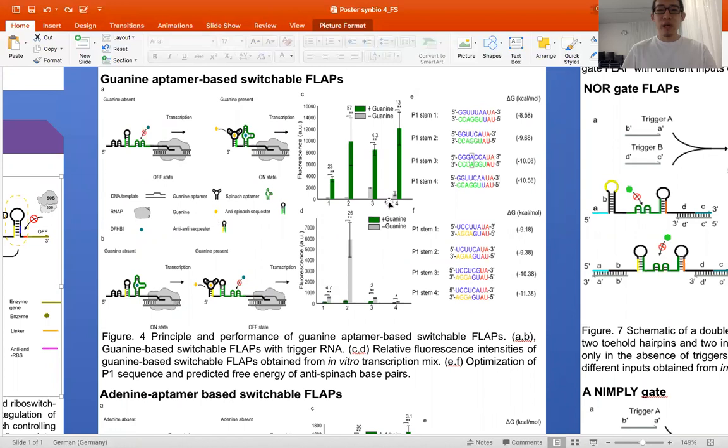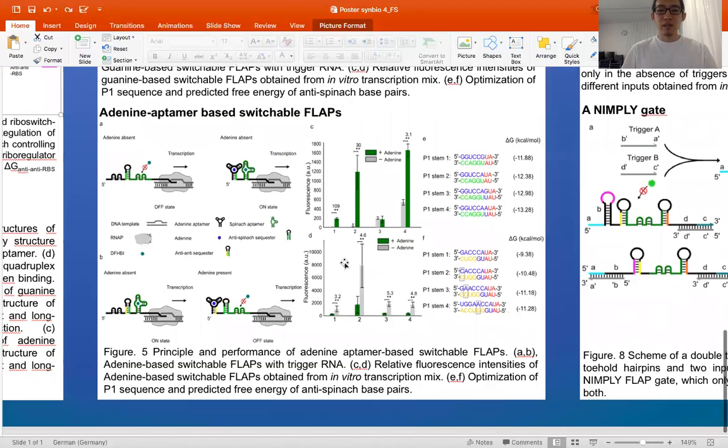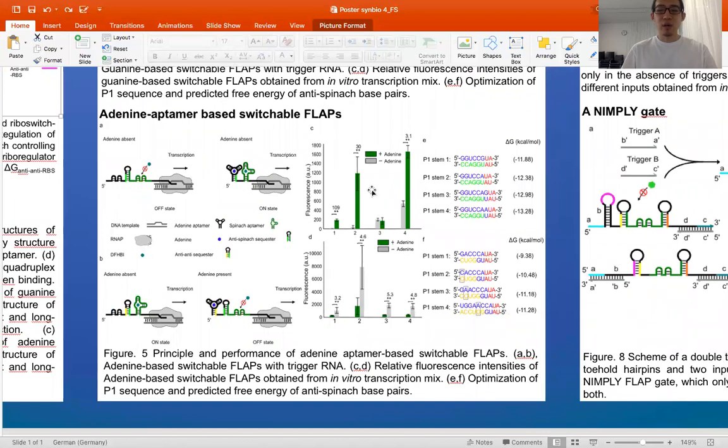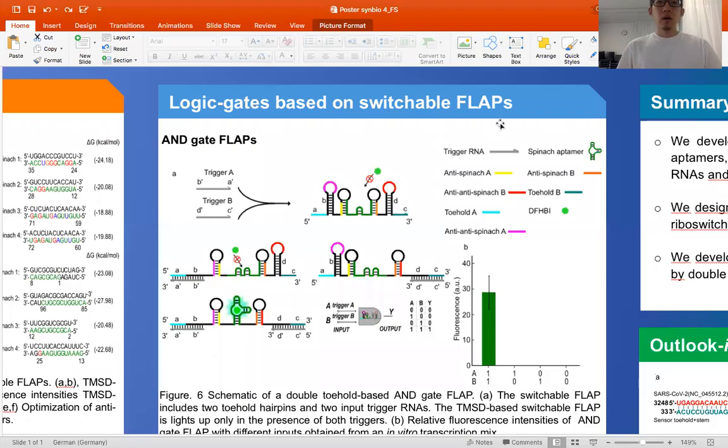The in vitro experiment results showed that the guanine aptamer showed high on-off ratio. However, the adenine aptamer showed lower on-off ratio compared to the previous one due to the lower binding kinetics of the ligand.